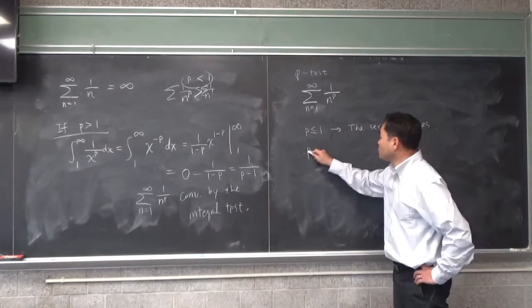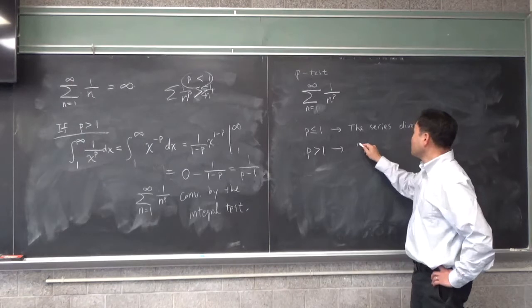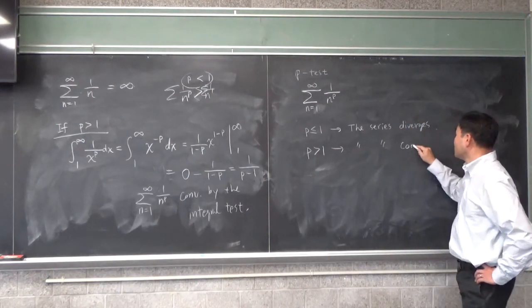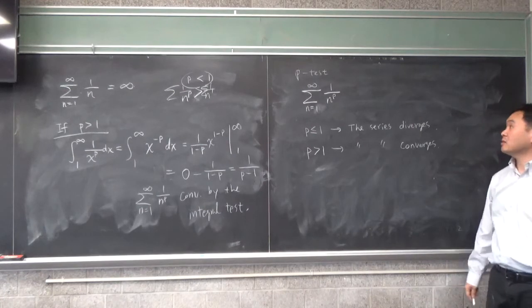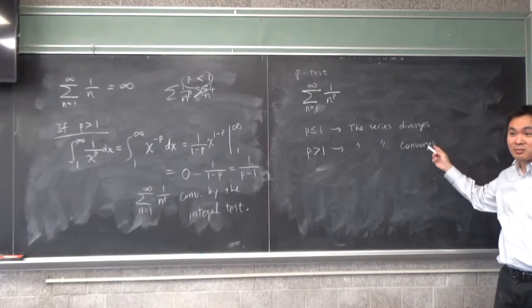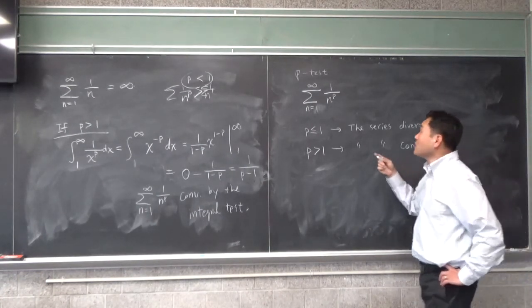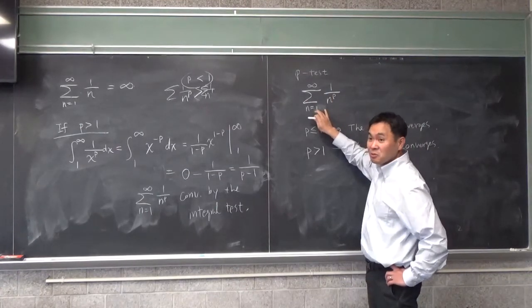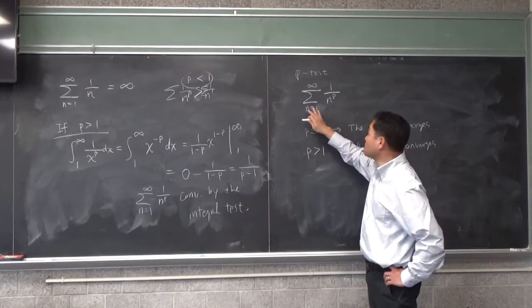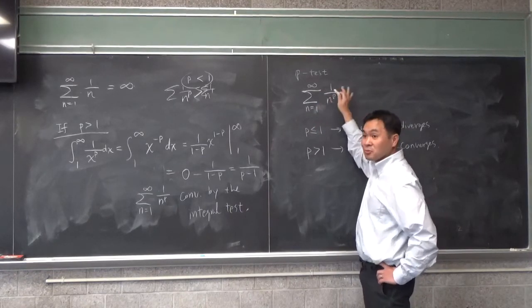Therefore, if p is greater than 1, the series converges. Okay. That's the p-test. Now, it only applies if it's in this form. The starting point doesn't matter. This could be 2 or 3 or even 100. It doesn't matter. But it has to be of this form.